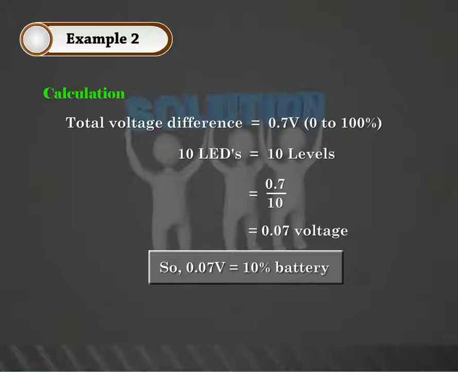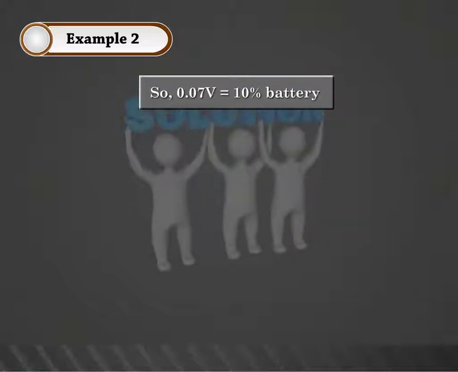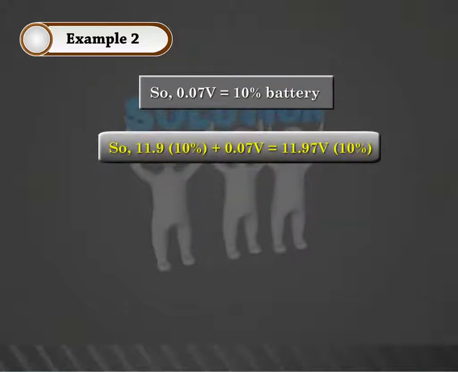So, 0.07 volt is equal to 10% battery. So, 11.9 for 0% plus 0.07 volt is equal to 11.97 volt for 10%.